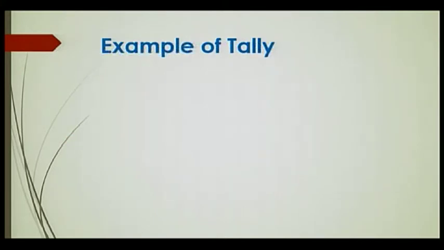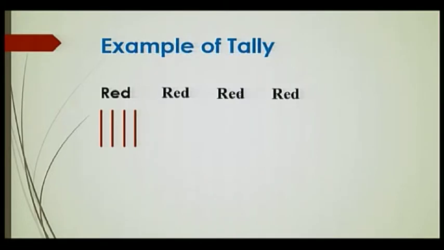So what is tally? For example, if I see red, I'm going to put 1 vertical bar. If I get red again, I put a second bar. Third time I see red, I put a third bar. Fourth time I get red, I'm going to put a 4th vertical bar.